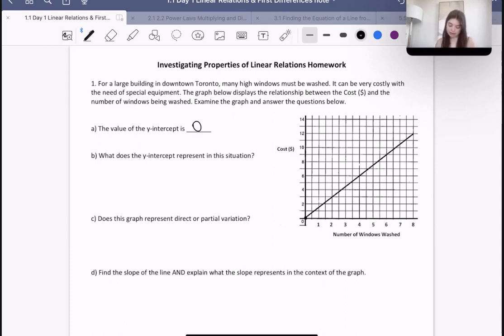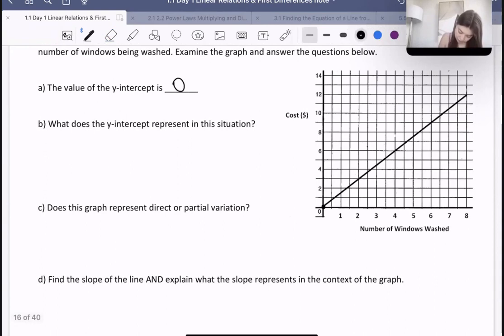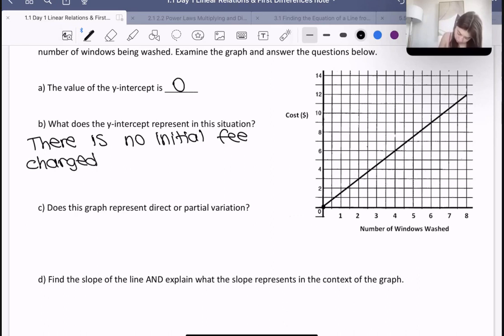What does the y-intercept represent in this situation? Basically, it represents that there is no initial cost or initial fee that needs to be paid before windows are washed. So I'll write that down. There is no initial fee charged before washing windows.